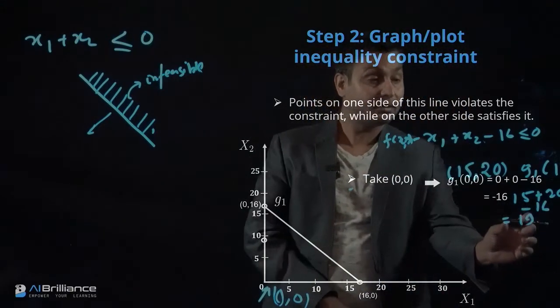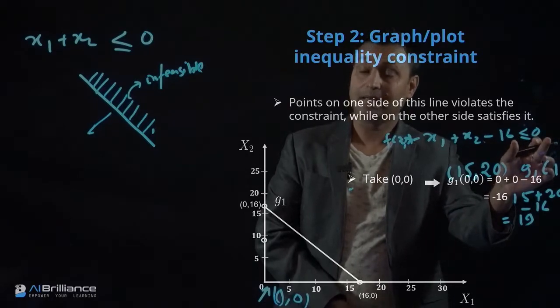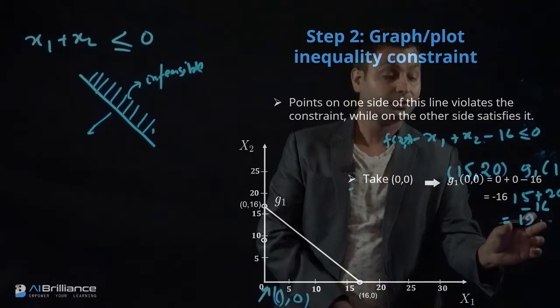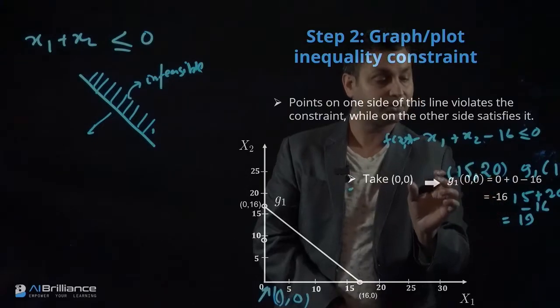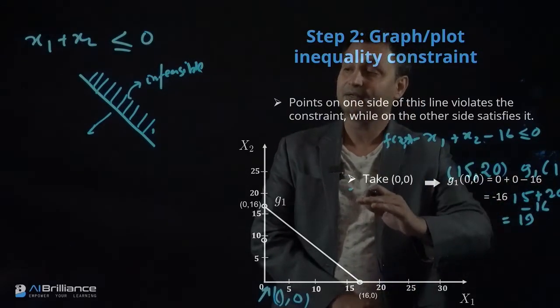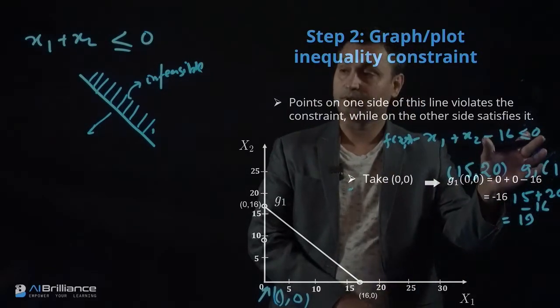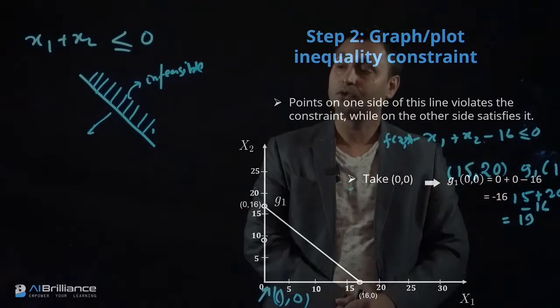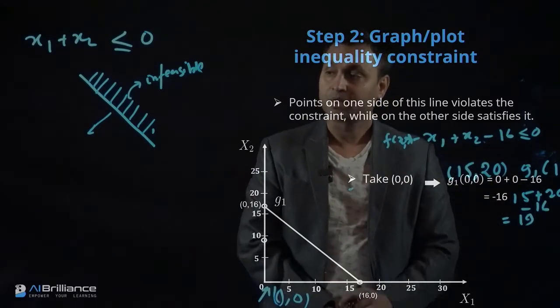Now 19 is not less than or equal to 0, it is greater than 0. So if I take this point and substitute it in g1, that side is going to violate this equation, or in other words, that side is not going to be the feasible region according to this line.